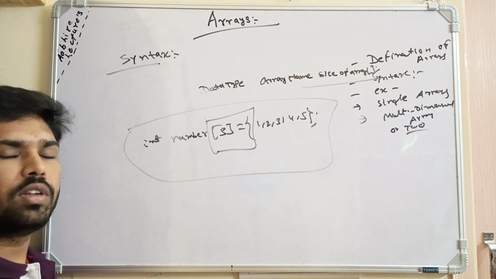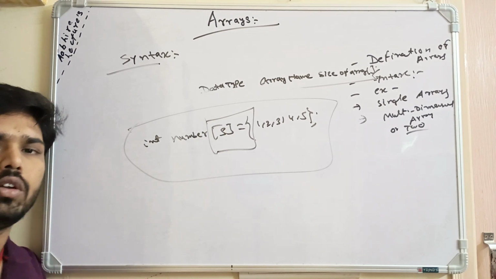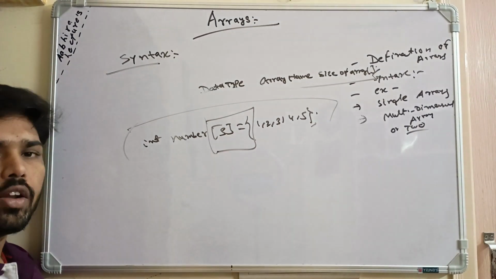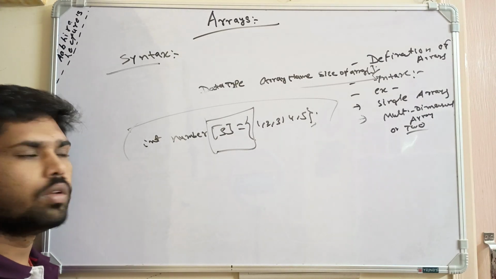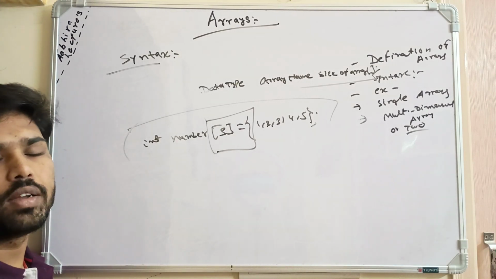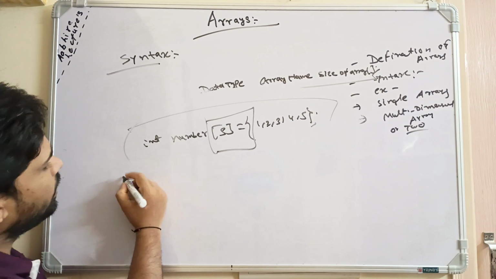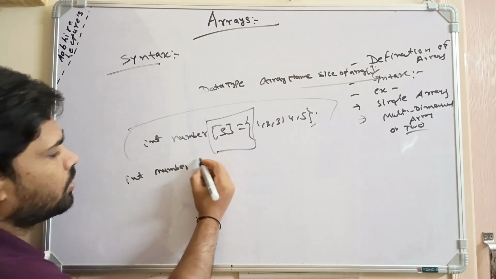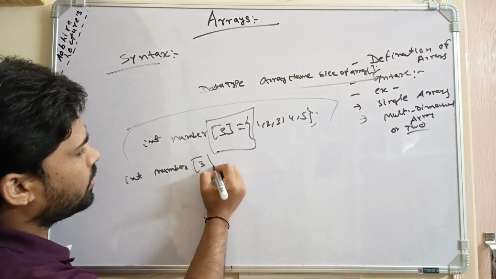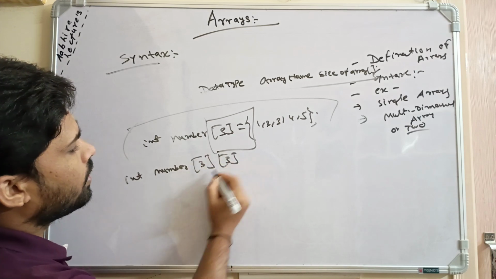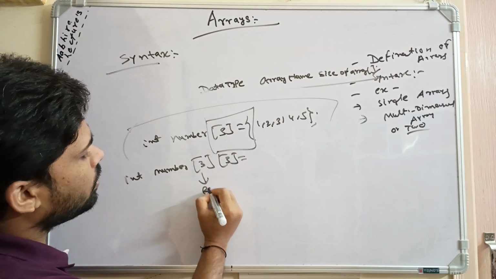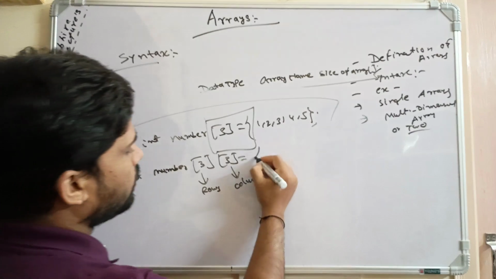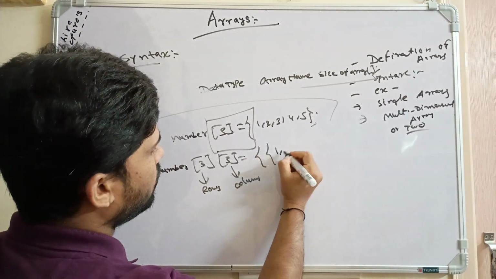Coming to the multi-dimensional or two-dimensional array. How can we declare or initialize values in a two-dimensional or multi-dimensional array? Created with the data type, number. So take a three by three matrix, three rows and three columns. We already studied this matrix in math. This is called a row. How many rows? Three rows, 1 2 3.